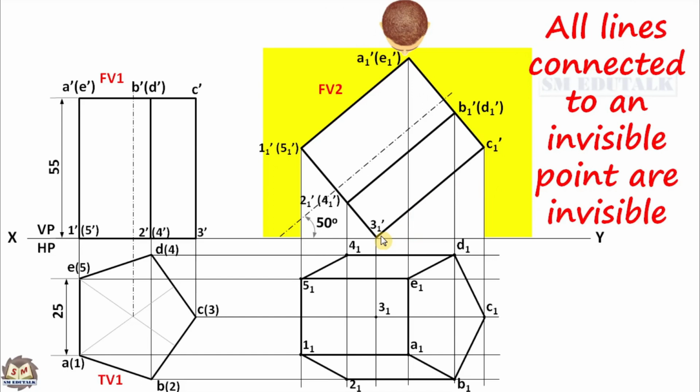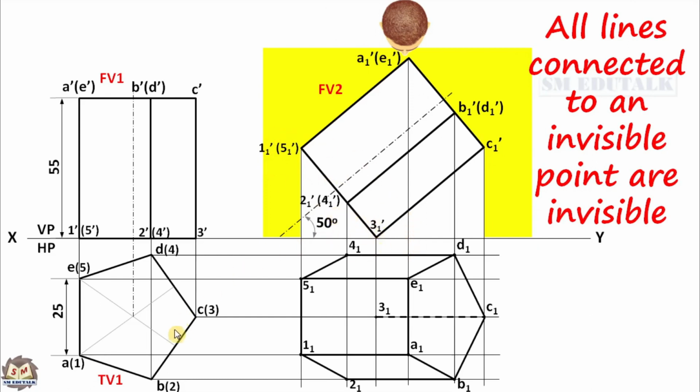And find the lines which are connected to the invisible point 3. And here 3 is connected to C. So join 3 and C in the top view by a dotted line. Next, check the other end whether 3 is connected to 1 and 5 or 3 is connected to 2 and 4. In this front view, it is not clear.